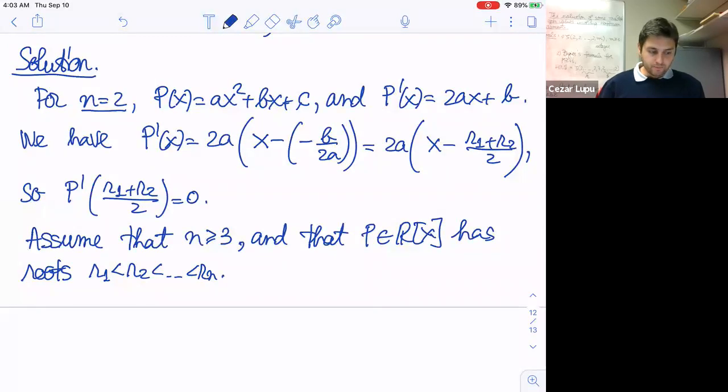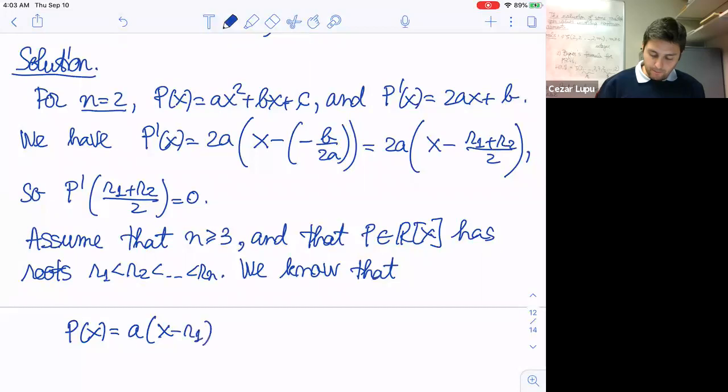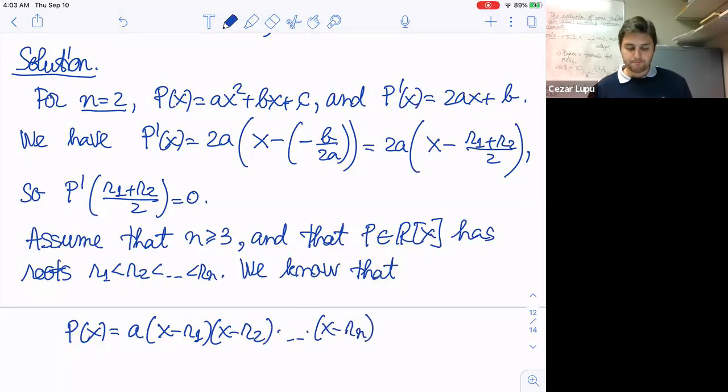And now we know that we can actually write this polynomial. P of x can be written in the following way: a times x minus r1 times x minus r2 times all the way x minus rn, right?